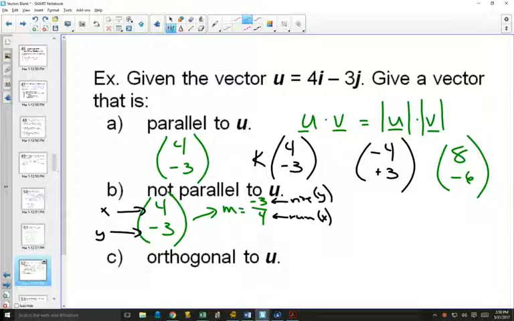So if you wanted something that's not parallel to that, you just have to make sure that whatever vector you choose here doesn't have that same slope. Notice that when we wrote 8, negative 6, if you did that slope, you get negative 6 over 8, and that reduces to negative 3 over 4. That's why they're the same, and that's why they're parallel.